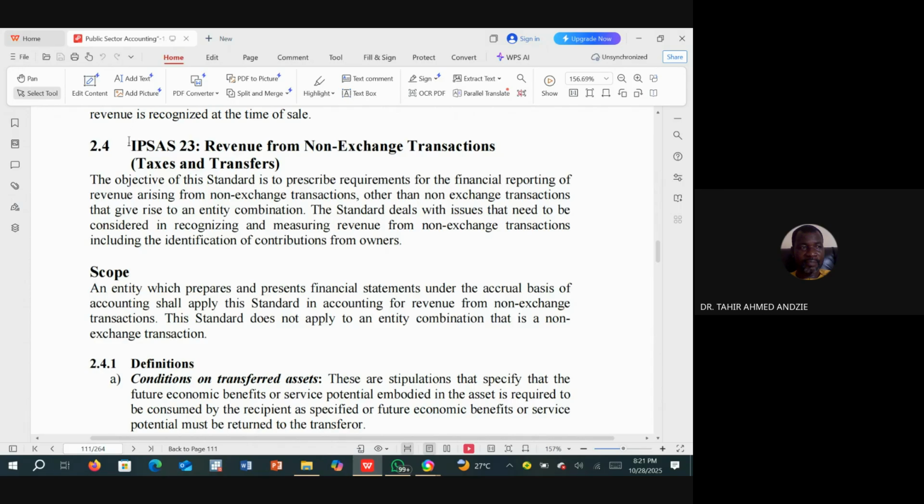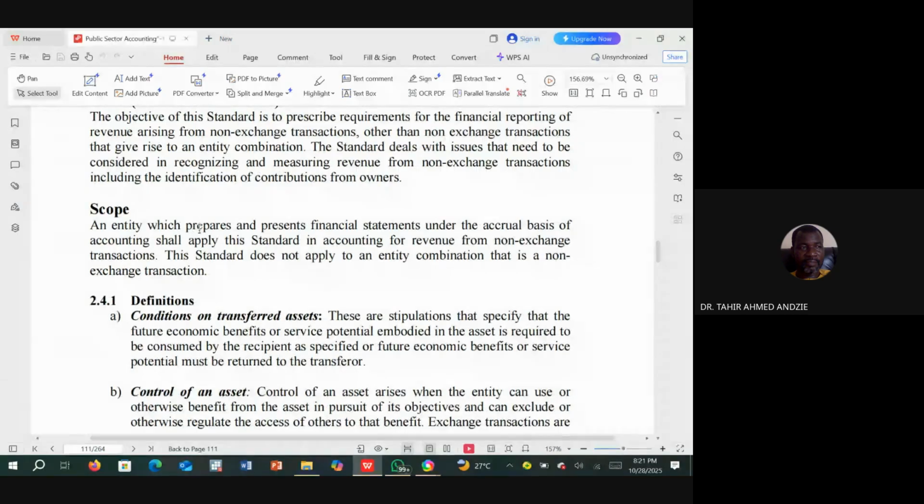So the scope of this standard: an entity which prepares and presents financial statements under the accrual basis of accounting shall apply this standard in accounting for revenue from non-exchange transactions. The standard does not apply to any entity combination that is a non-exchange transaction.